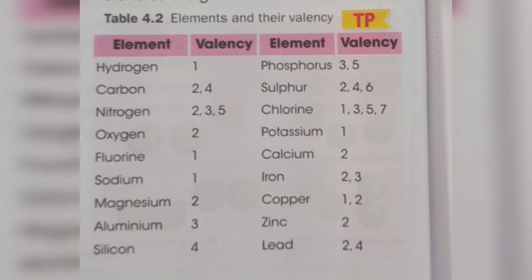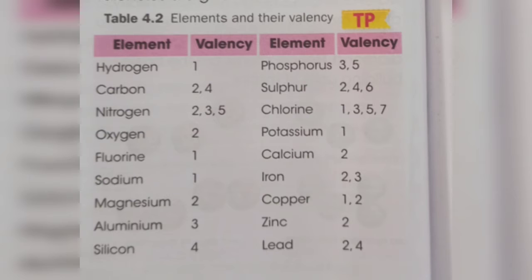Next, nitrogen has how many valencies? Nitrogen has 3 valencies. Then oxygen has 1 valency, that is 2. Fluorine has 1 valency, that is 1. Sodium also has 1 valency, it is 1. Magnesium has a valency of 2. Aluminium valency is 3. Silicon it's 4. Then come to the next column. Phosphorus has 2 valencies, they are 3, 5.